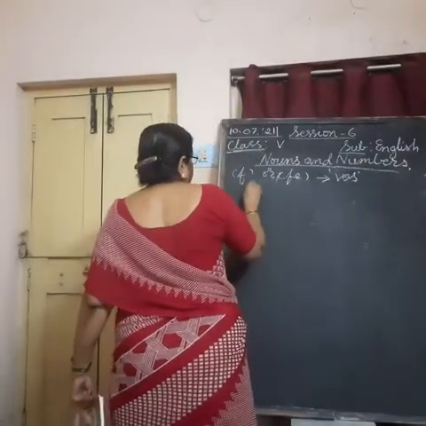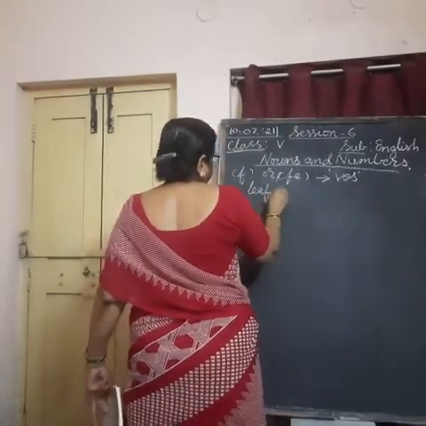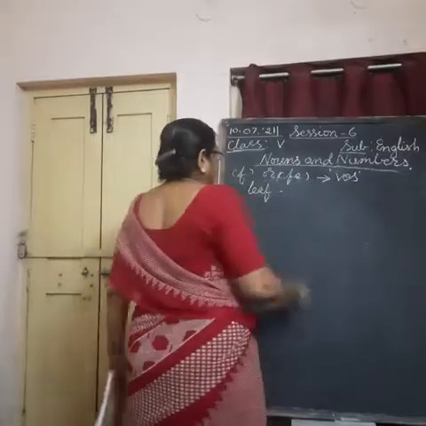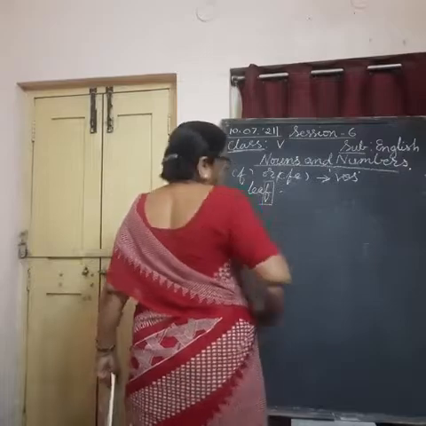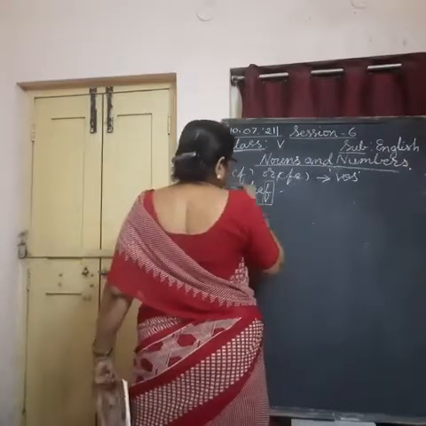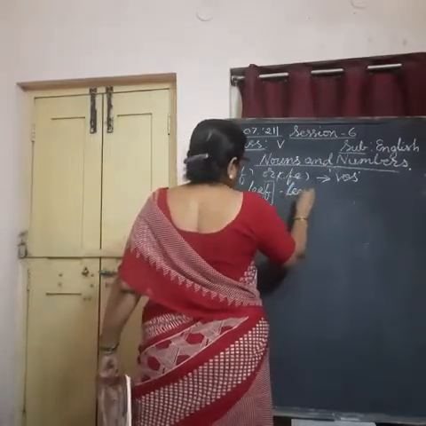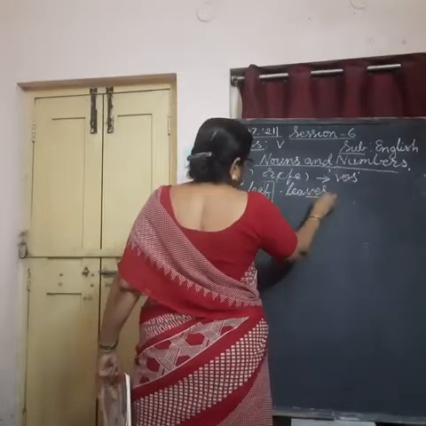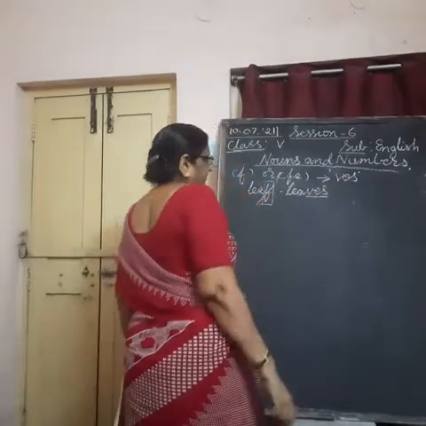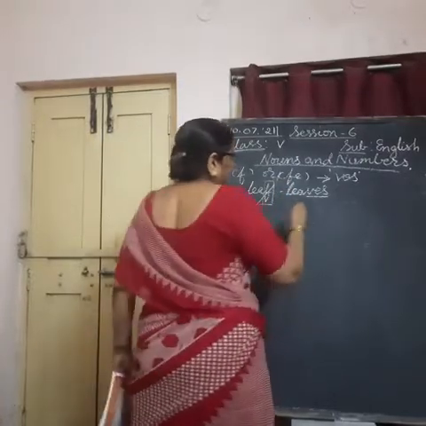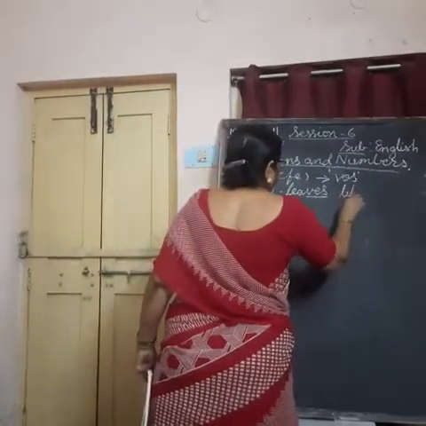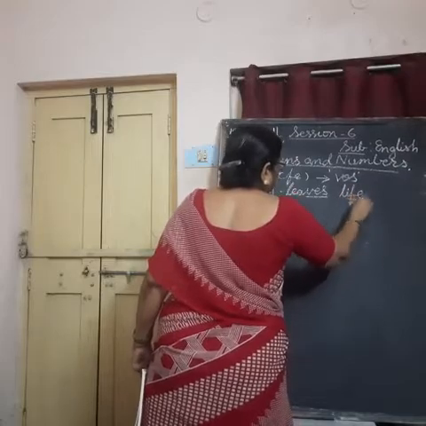For example, leaf is there. Here leaf is the noun form which ends with F. You are cancelling this F and writing VES in place of F, leaves. Same way, life. Here FE is there.